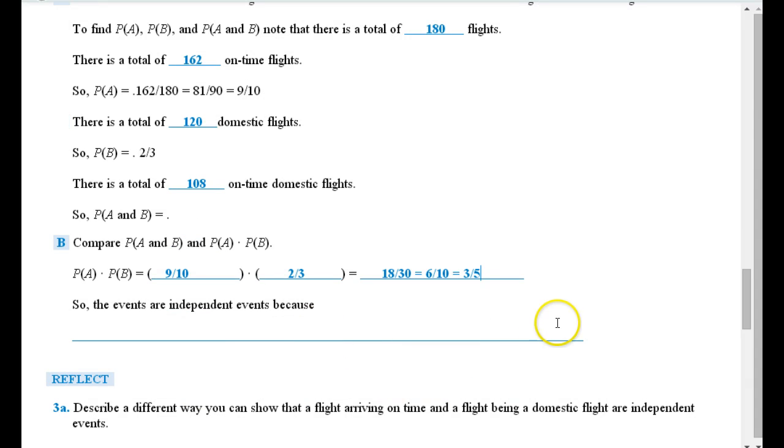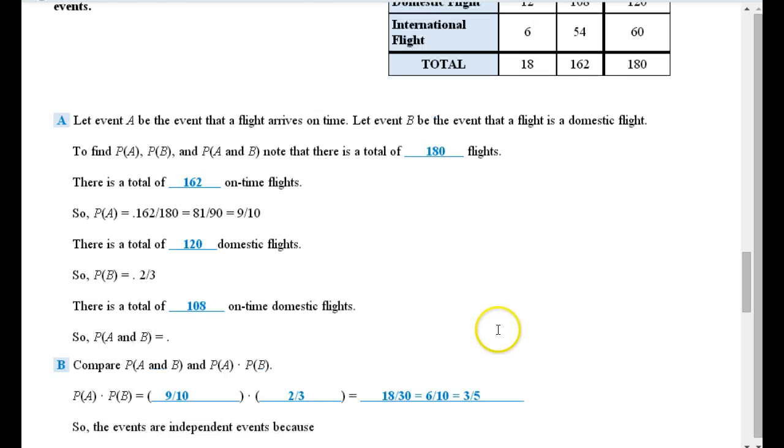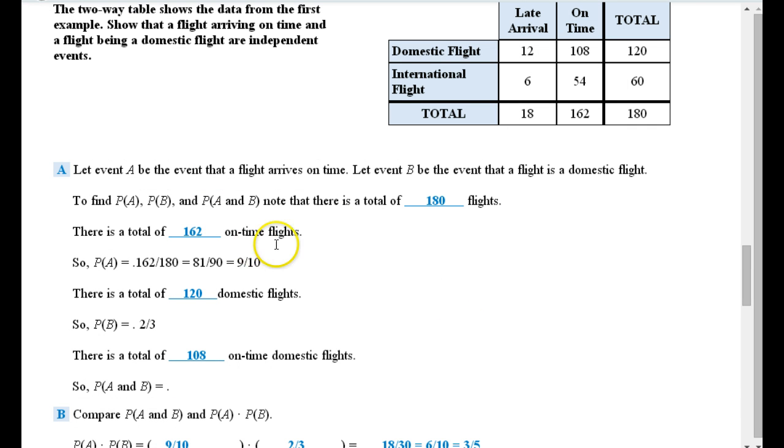So the events are independent because, did we get the same probability either way? Did I do something wrong here? A total of 180 flights. There's a total of how many on time? 162. 162 divided by 180 is equal to 9/10.